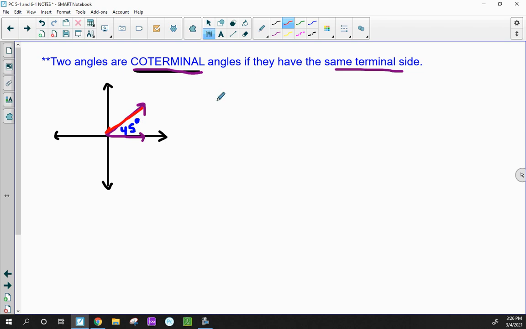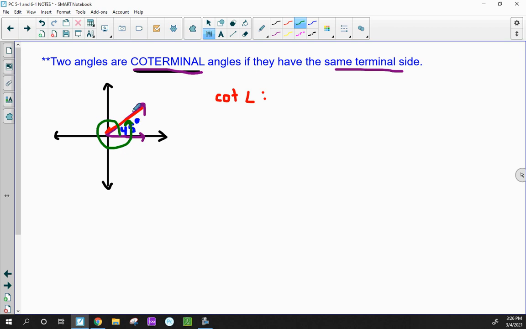We're looking for what is coterminal with the given angle. Again, coterminal angles are angles that have the same terminal side. A really good way to do this is to picture starting on the same initial side, going all the way around, complete circle, and then landing where the terminal side is. So if I give you 45 degrees, you need to picture this in your head.